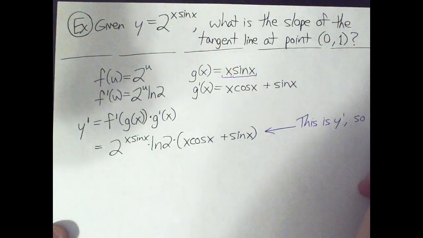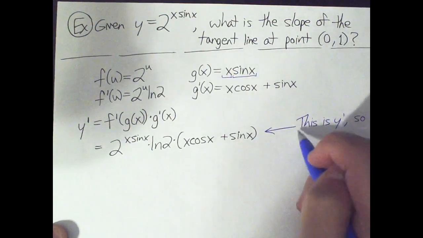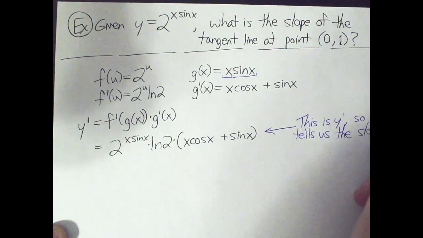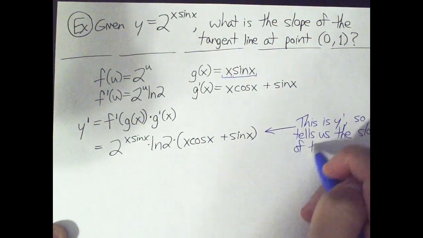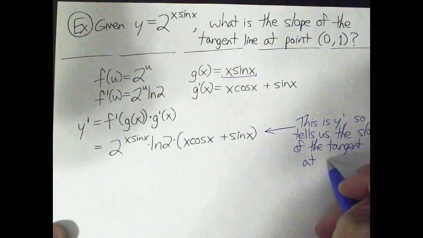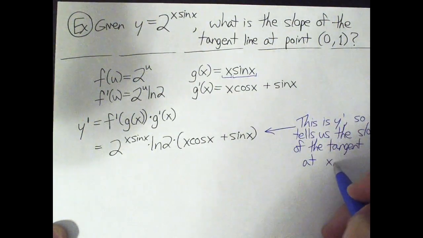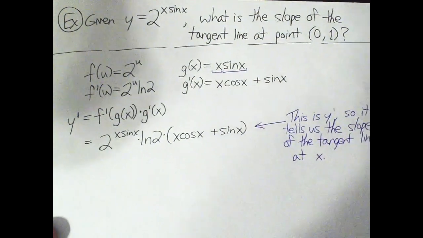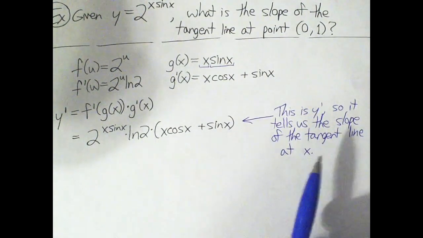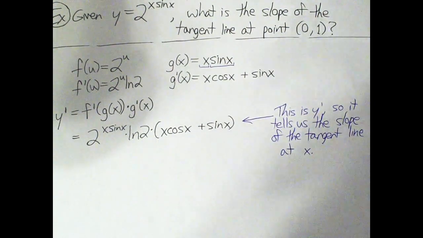So it tells us the slope of the tangent line at x, right? Let me move the page over so you can see that. This whole thing is y prime, so it tells us the slope of the tangent line at x. That's what the derivative tells us.